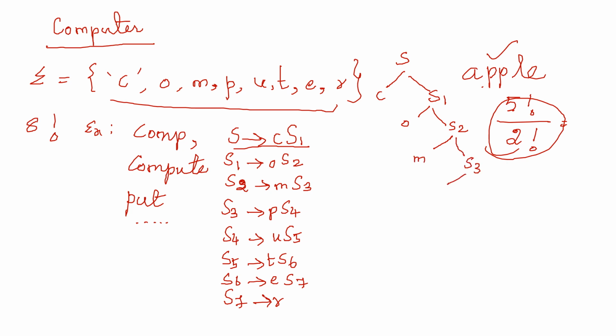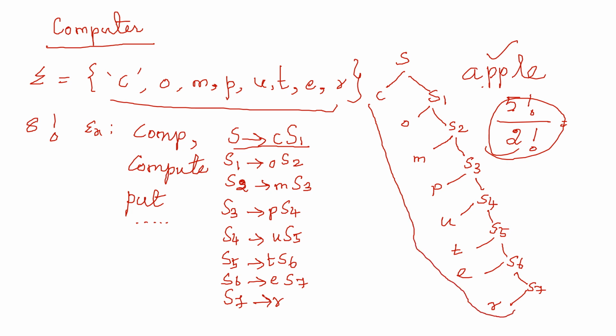Then S3 tends to P S4. Then S4 tends to U S5. Then S5 tends to T S6. S6 tends to E S7. S7 tends to R finally. So now you check, you are getting computer.